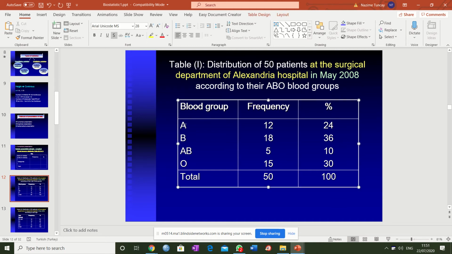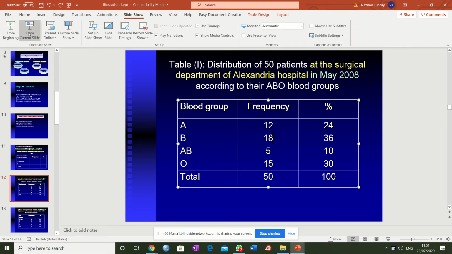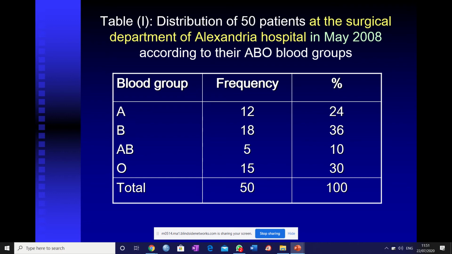Okay, so this is A. Blood group A. There are 12 patients with blood group A. When you see frequency, it means number. 12 people with blood group A. So there are people with blood group B, let us say there are 18.